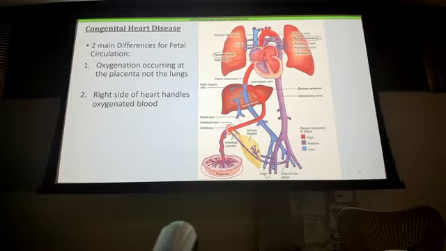Okay? One of them is the foramen ovale that I have here circled. The interesting thing is that this is a one-way flapper valve that allows blood to go from the right side to the left side. Okay?